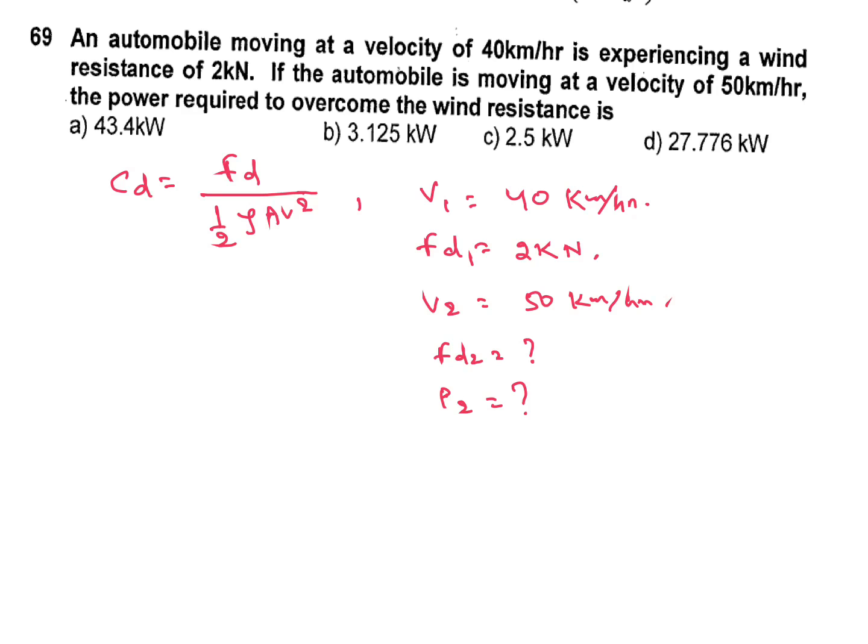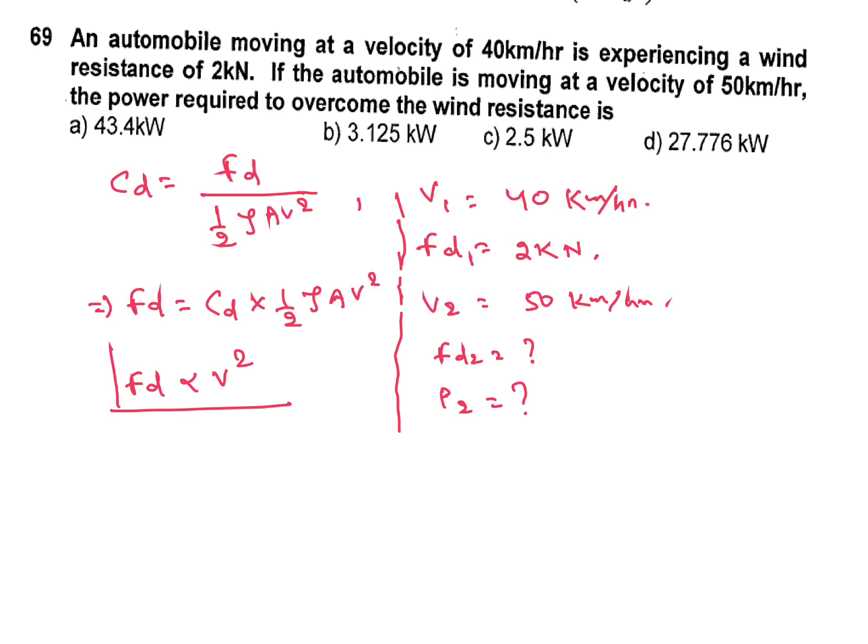So Fd is Cd into half rho A V square. So Fd is proportional to V square. Drag force is proportional to velocity square.